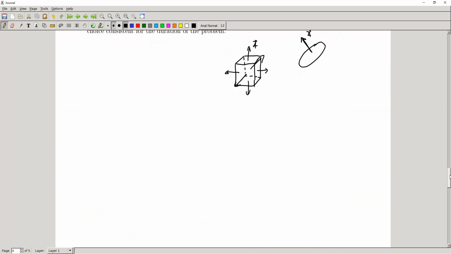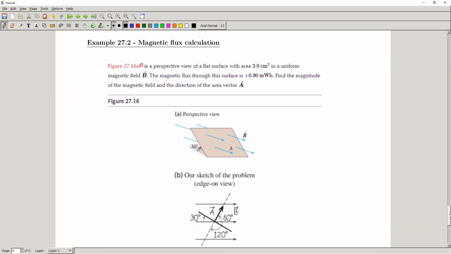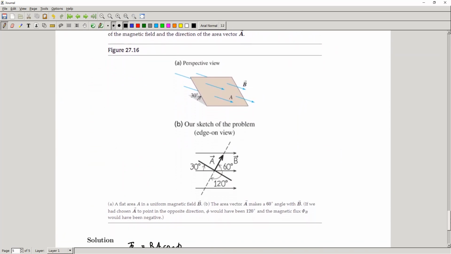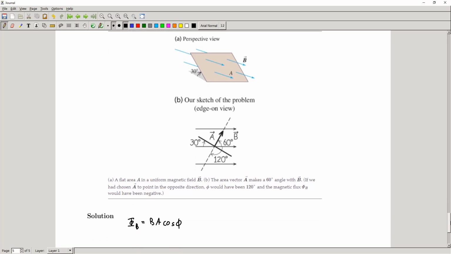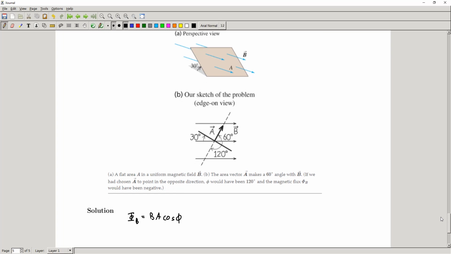Why don't we need to worry about doing the integral? Because our magnetic field is uniform, so it's going to be the same at all points. So B is the same everywhere, and so phi is the same everywhere also. So we don't need to worry about integrating over the whole thing. We're just going to integrate over dA, and when we integrate over dA, we just end up getting A, right?